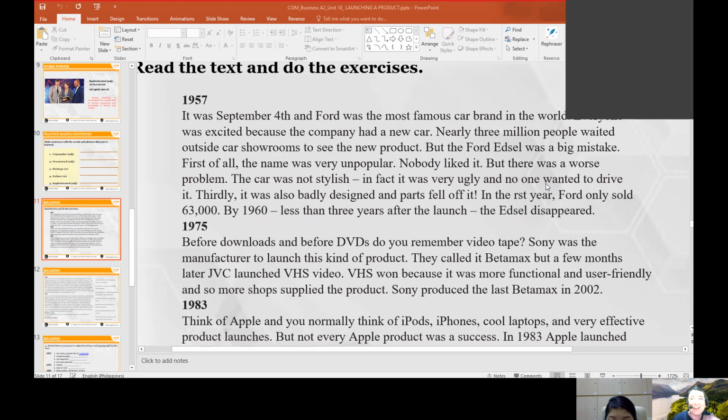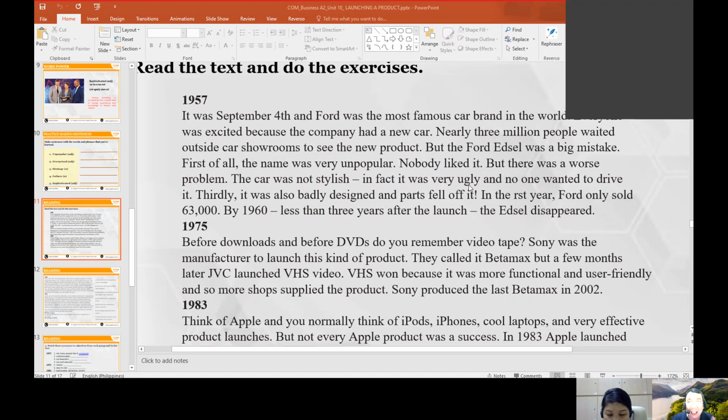And there was a worse problem. What was that worst problem? The car was not stylish, meaning it was not elegant, not nice. In fact, it was very ugly, and no one wanted to drive it.